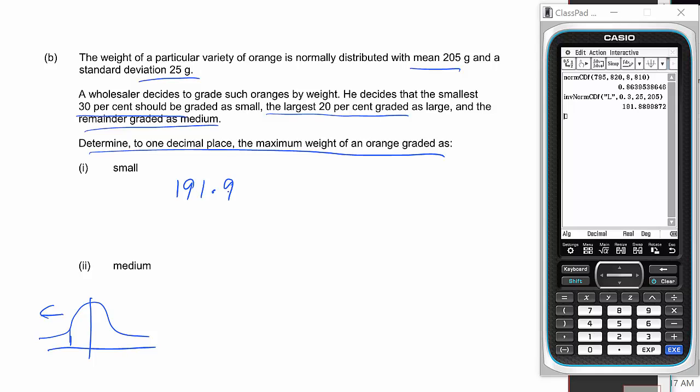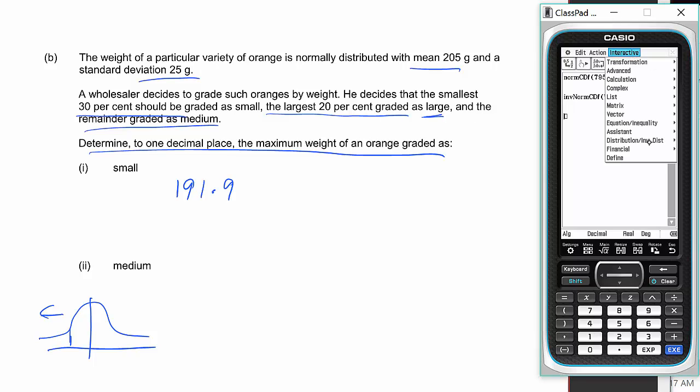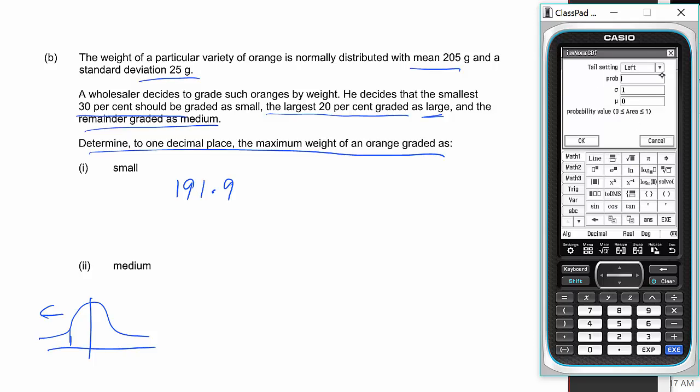So 191.9, and then the largest 20%, they're graded as large. So we'll do the same thing, inverse normal. This time it's going to the right, because anything up this way is large and these ones are medium.